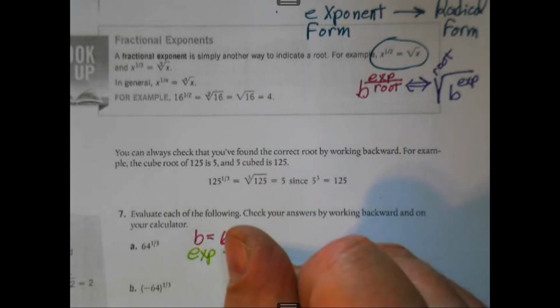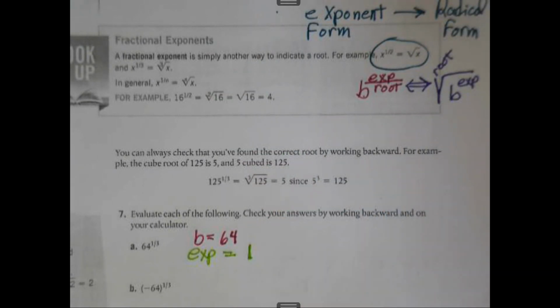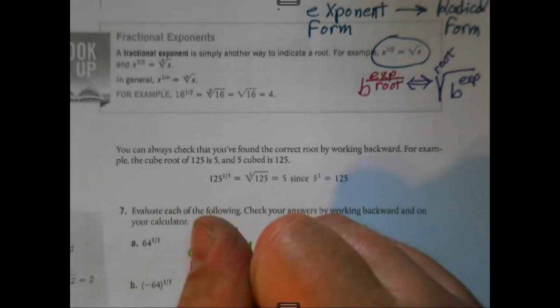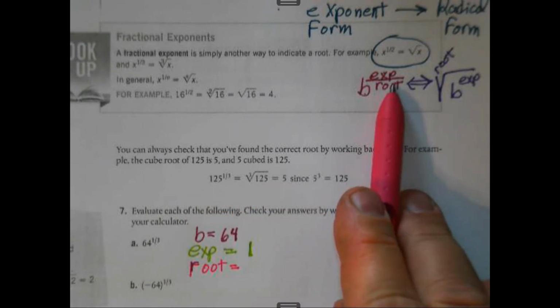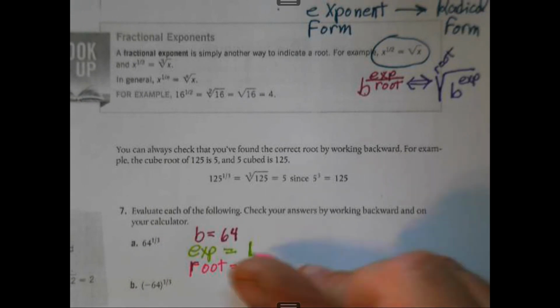So the exponent is 1. And then my root for this problem, I'm going to use a different color. The root is going to equal the denominator of the fraction in exponent form. So it's 3.